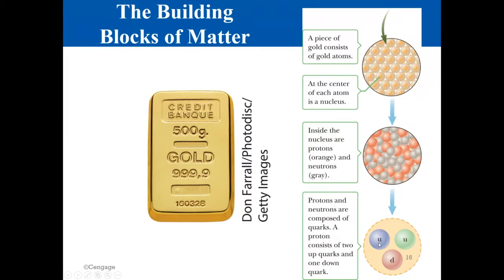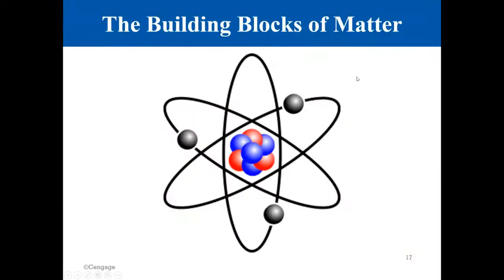So protons and neutrons are formed using quarks. Then a group of atoms here will give us matter. So it's good to have this understanding about the universe around us. The atom is the building block of all things.